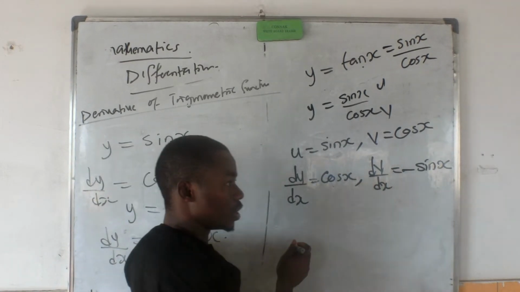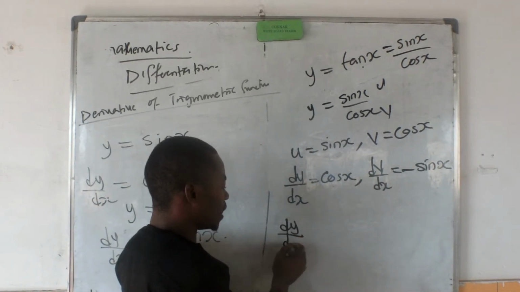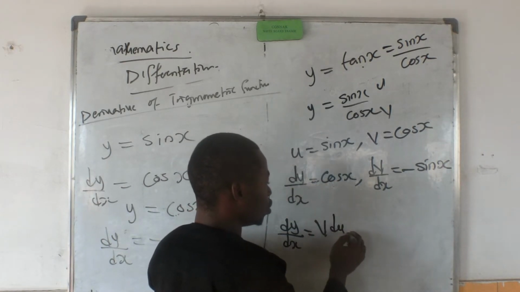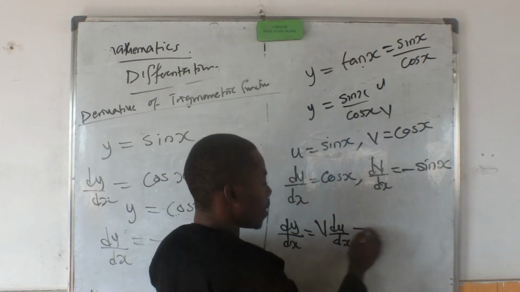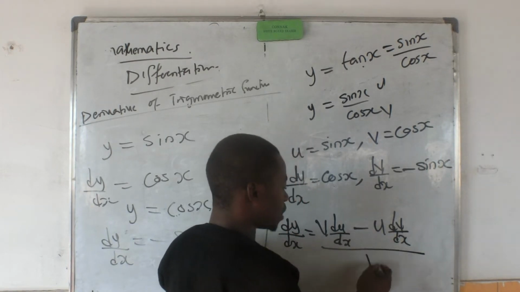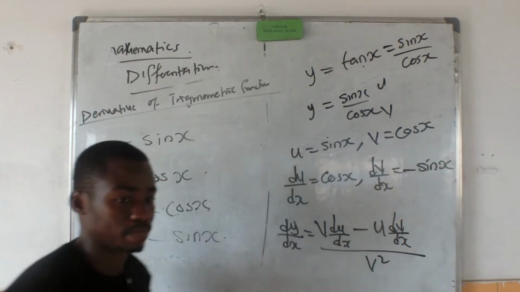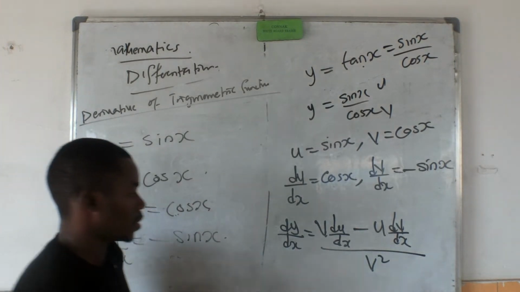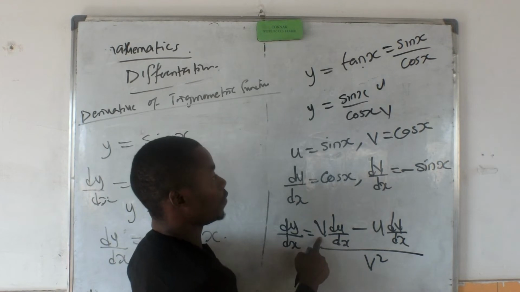Now, what is the formula for the quotient rule? The formula for the quotient rule is dy/dx equals v du/dx minus u dv/dx, all over v squared. Have you forgotten the formula? So now let's put it in.